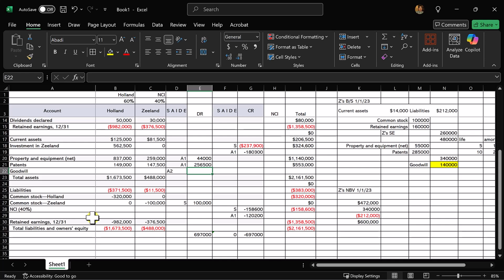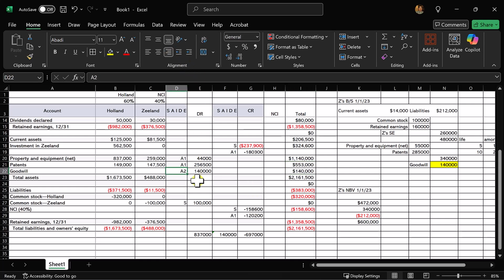Debit, let's see, the 140,000. Let's put it in our consolidated total here. As you can see, these two eventually have to be combined with this area, debit, credit, eventually to zero out the asset, the investment. Well, I'll do that later.